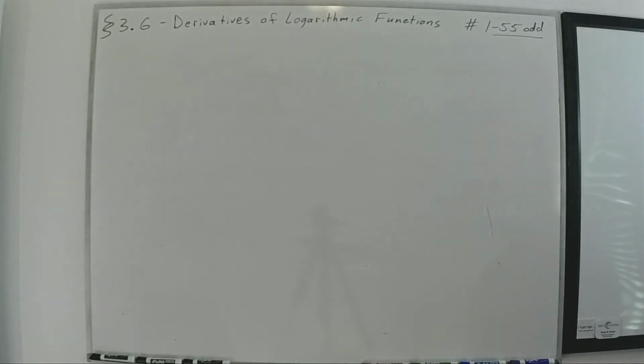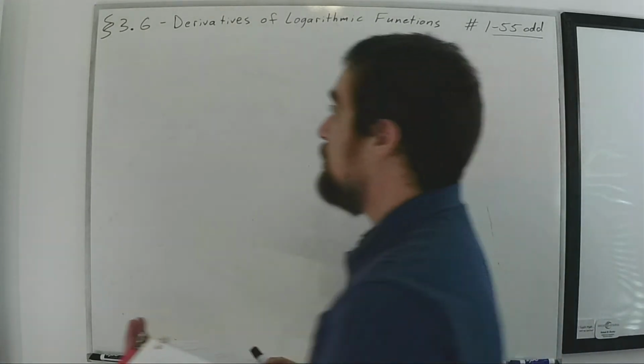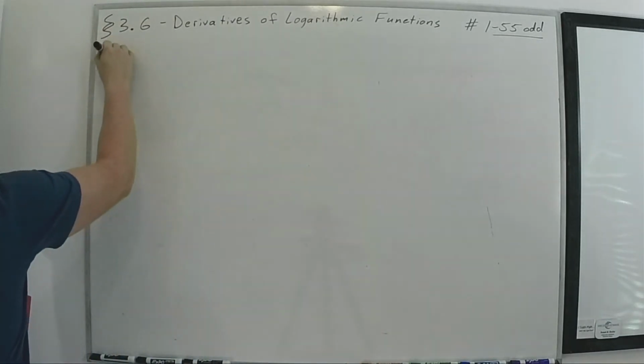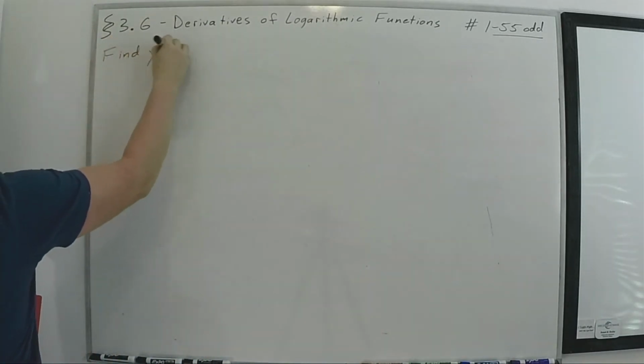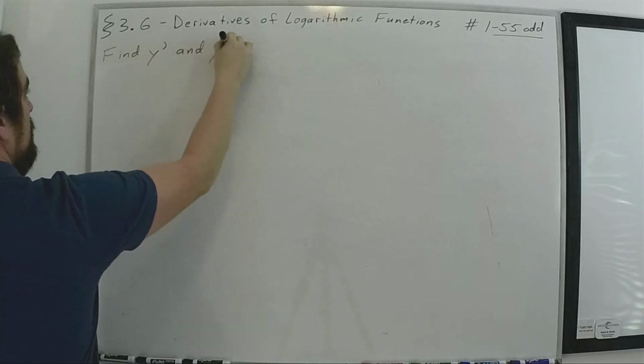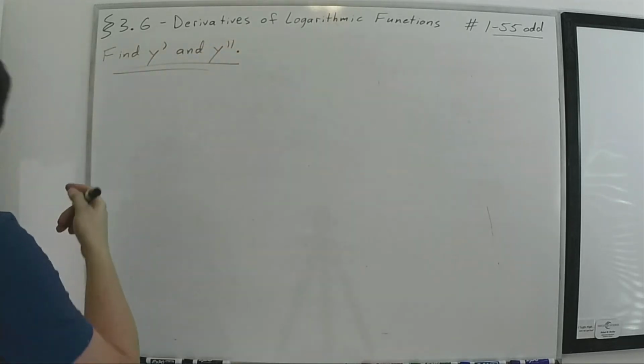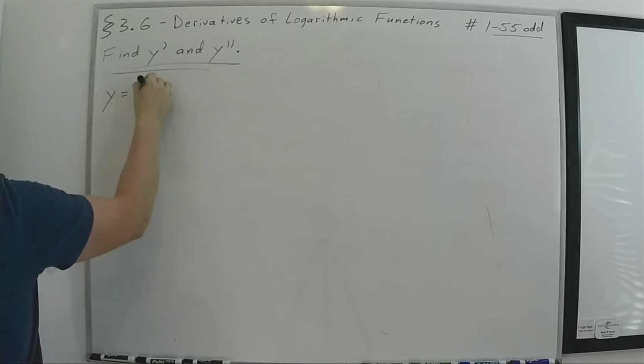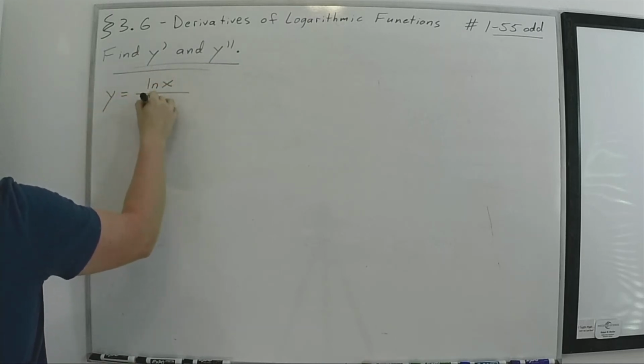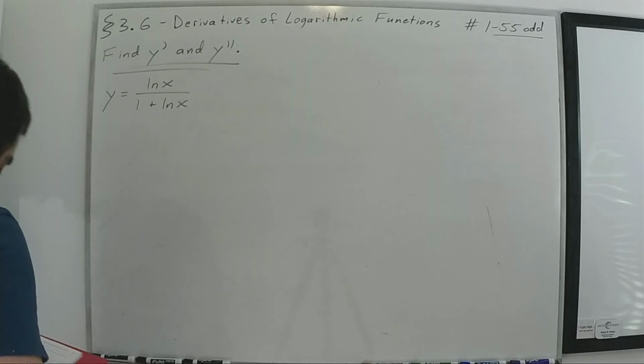And it asks us to find y prime and find y double prime. And they give you y is natural log of x over 1 plus natural log of x.